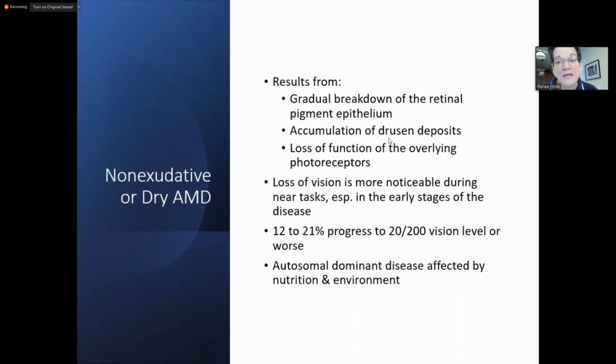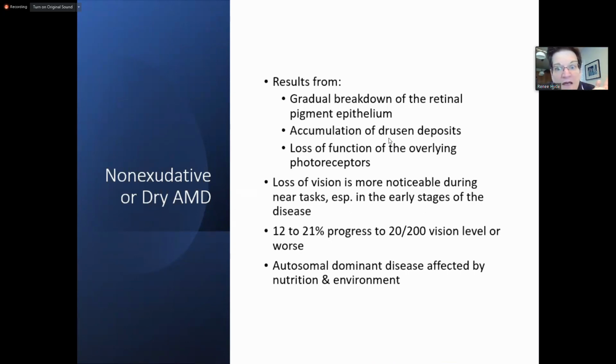Now, the dry type, what you see is there's a gradual breakdown of the RPE, the retinal pigment epithelium. And they have an accumulation of something called drusen. And those drusen basically collect and develop over the photoreceptors on that macula.